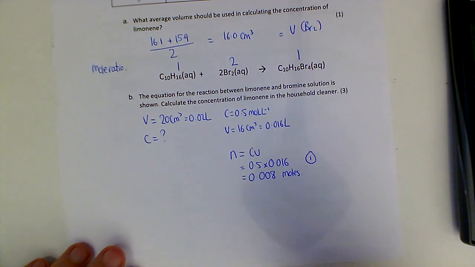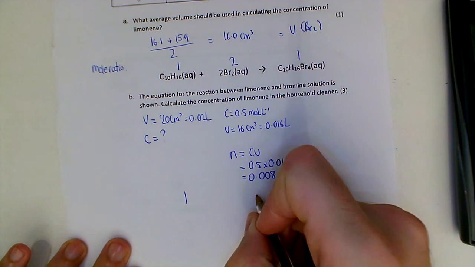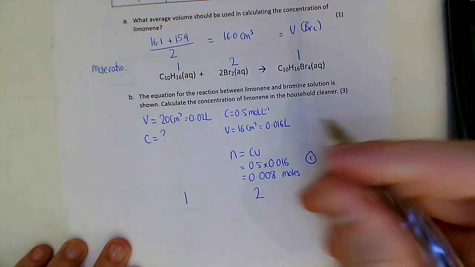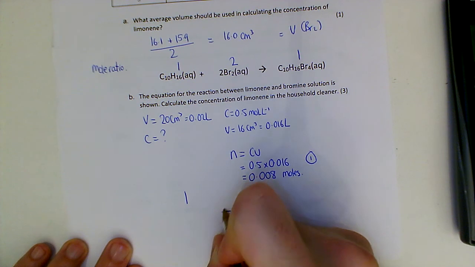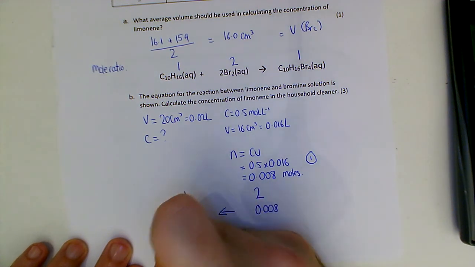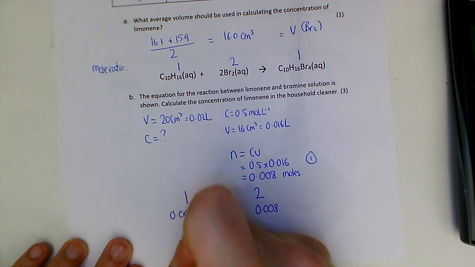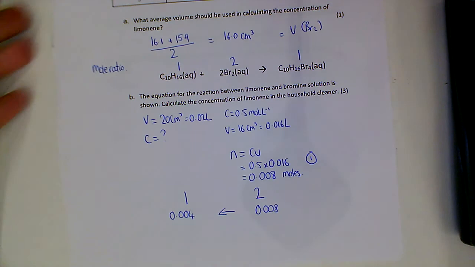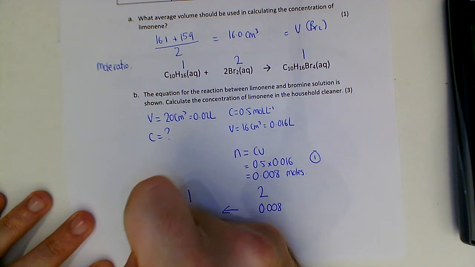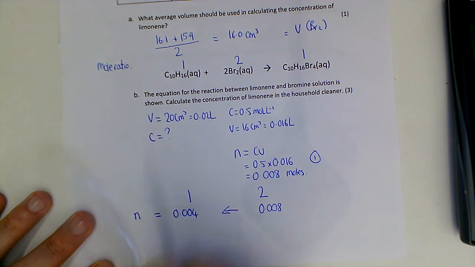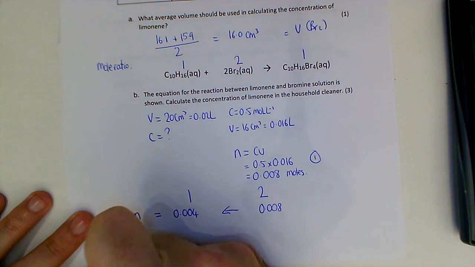Next thing I'm going to do is use my mole ratio. So 1 was to 2. So if I have 0.008, that's going to be half of it, 0.004. And I've now got my number of moles. I've got a volume, so I can do concentration.